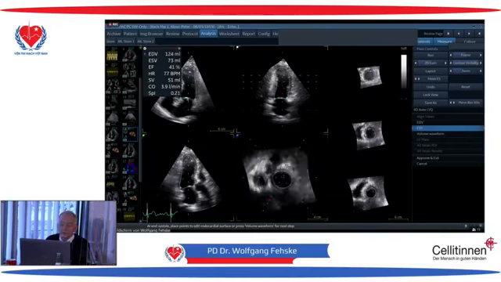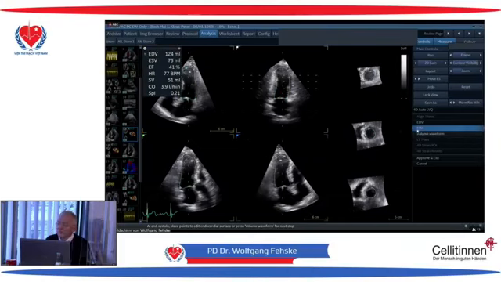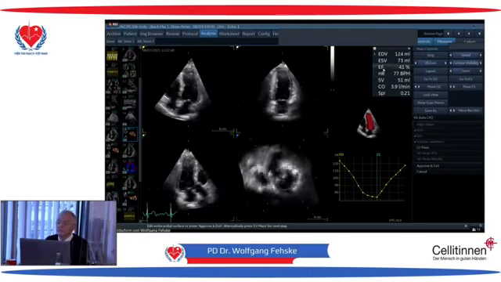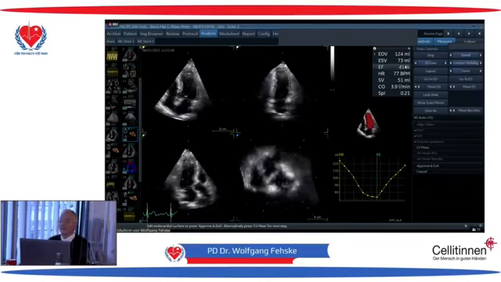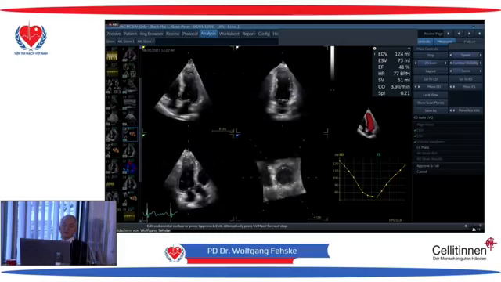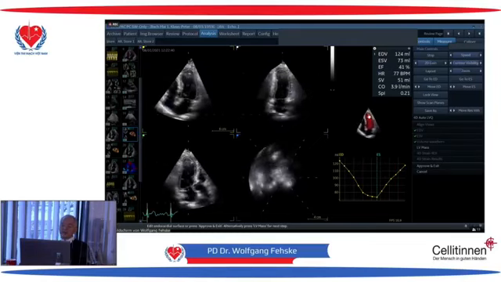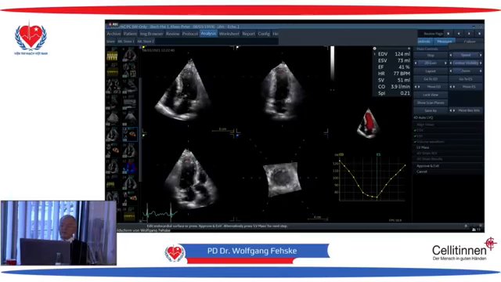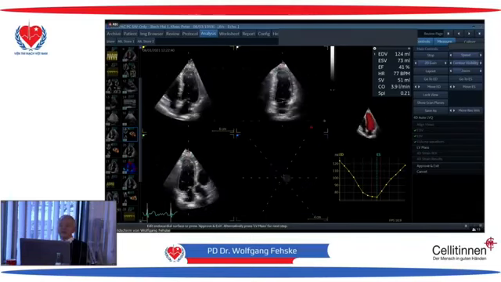All that works also well. So volume waveform. And this gives a little lower ejection fraction of 41% than that what we have seen before. But you see very nicely here the anterior wall, the anterior LAD infarction.